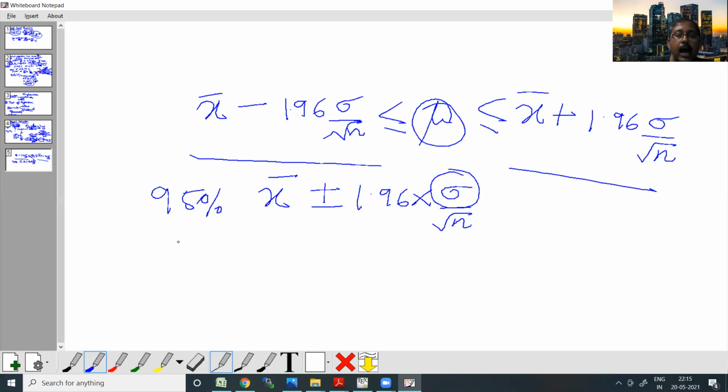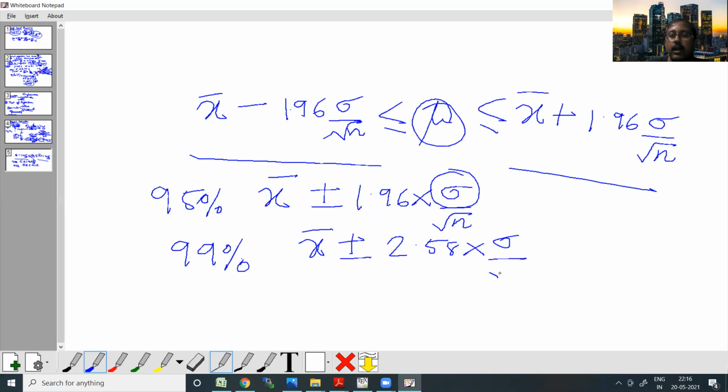The same way I can also calculate the 99% confidence interval: x bar plus minus 2.58 into sigma by root over n. Like this, I can almost assume the 100% confidence interval to be x bar plus minus 3 into sigma by root over n. This is a very important term in statistical quality control and in statistics.